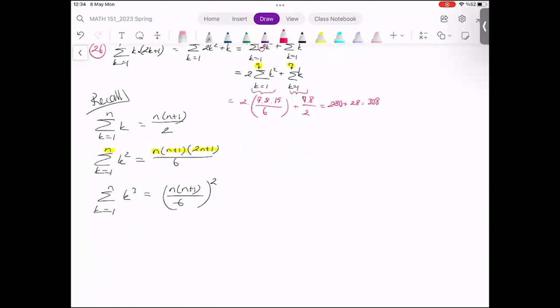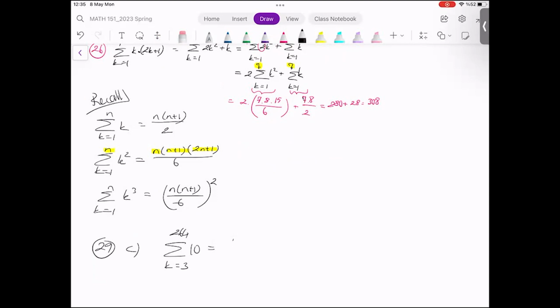And let's solve 29 now, part C. It is a funny exercise. Sigma notation from 3 to 264, and inside it they put 10. As you noticed, 10 doesn't depend on k, right? So let's try to understand what's happening here.